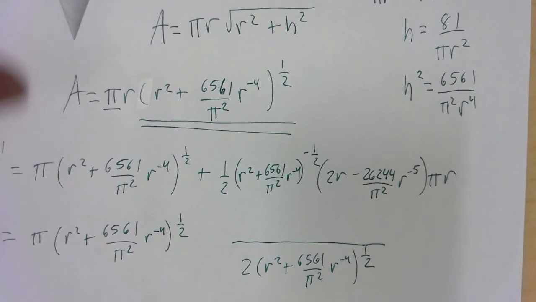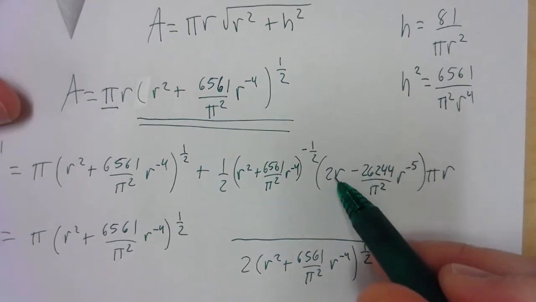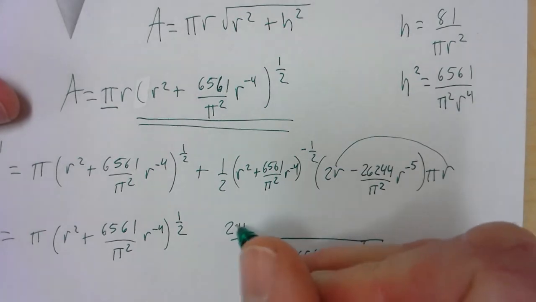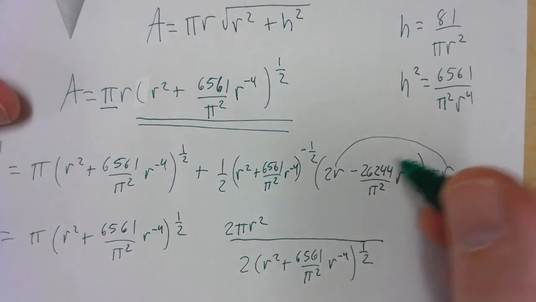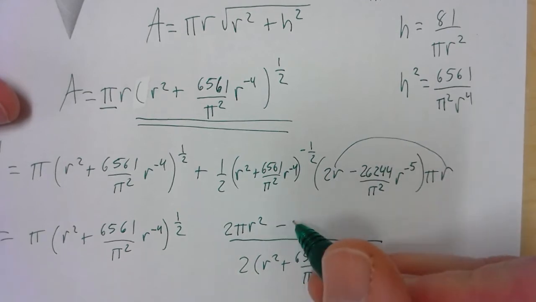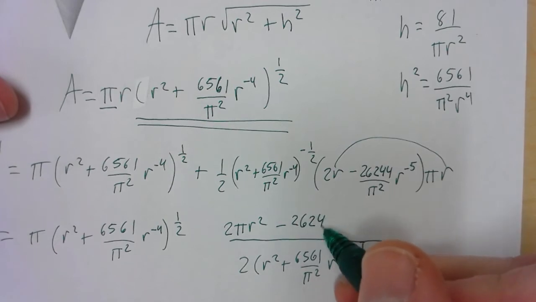And then we need to distribute this times this, so we distribute this through here, so that's 2 pi r squared, and then I'm going to distribute this times this, so that's still going to be negative 26,244.